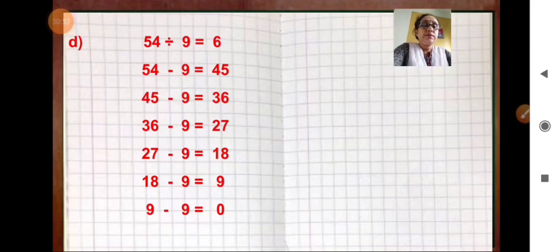Now have a look. Finish it in your notebook. Do slowly. Okay. 54 divided by 9 equal to 6. Then do the subtraction. Finished, children? All have finished?